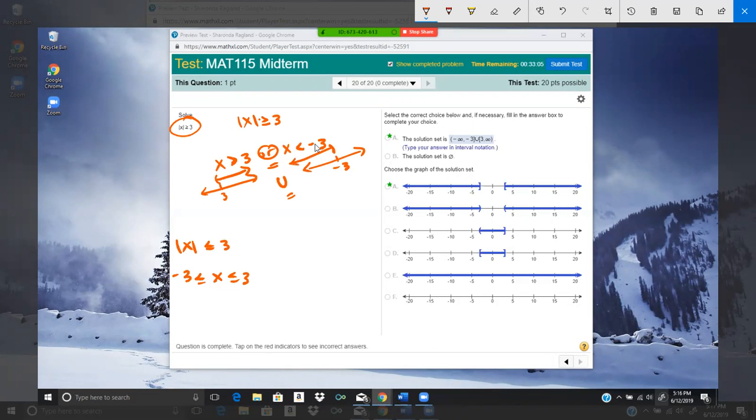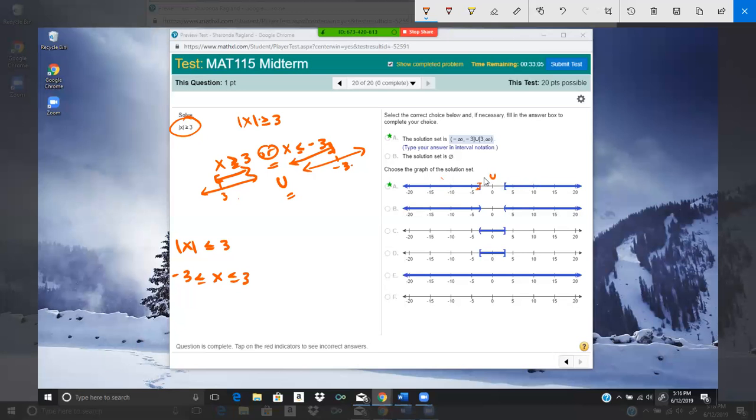It would be better to put this on the left and this on the right so you can actually see it. Oh, this is equal to, so it's greater than or equal to, so it'll be a closed bracket. I was thinking that it wasn't, but it's closed. This one represents x less than or equal to -3, and this one is x greater than or equal to 3.